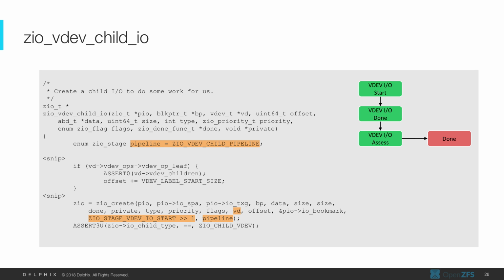So it's a very small pipeline, but it is used very heavily by all logical IOs that are trying to do IO to disks. Every time a logical IO comes in, it will actually create a VDEV child to go do this work on its behalf. The VDEV child will run through this. The logical IO will also run through these stages, but what will happen is it's simply waiting for its children to do the work on its behalf, and then doesn't actually do any real IO.